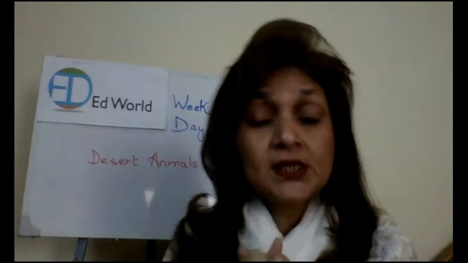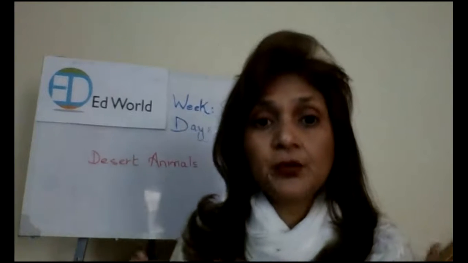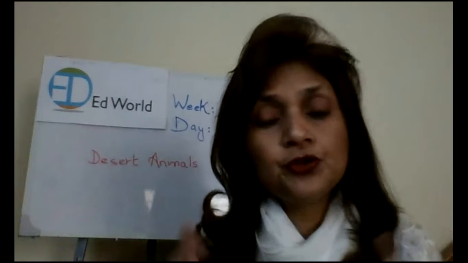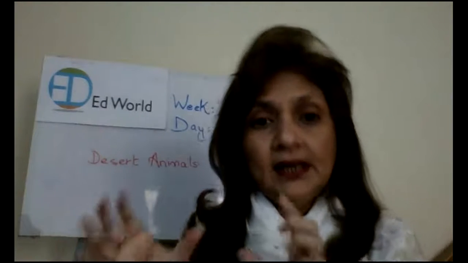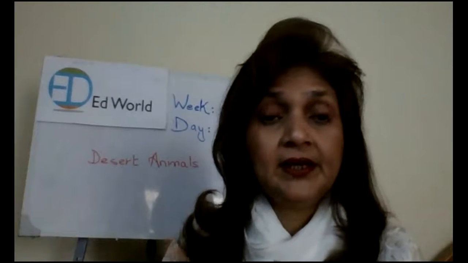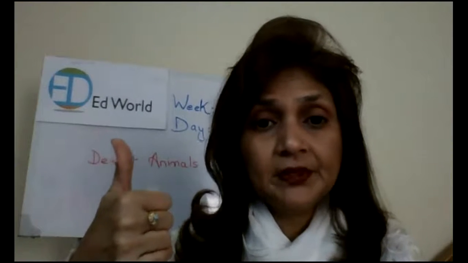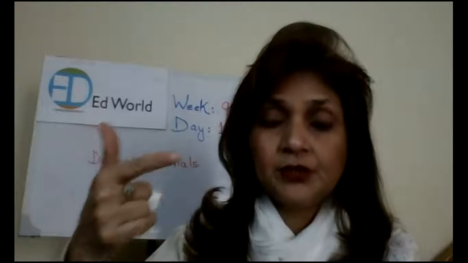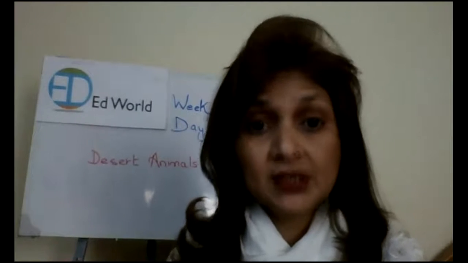So now what I want you to do is show a desert area in your notebooks. You are going to draw a desert area, and in that desert area you can draw the things that are found over there. Like you can draw a small camel, you can draw cactus plants, you can draw snake, the animals and plants we just now discussed.